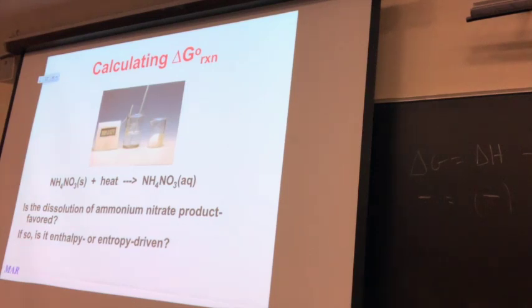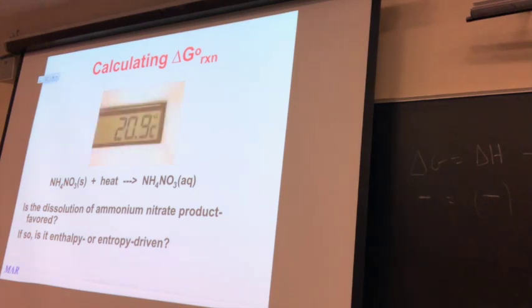In the center beaker is water at room temperature. To this we add solid ammonium nitrate. The ammonium nitrate dissolves. Usually, a reaction that occurs so readily is exothermic, but we see from the thermometer that this reaction is endothermic.